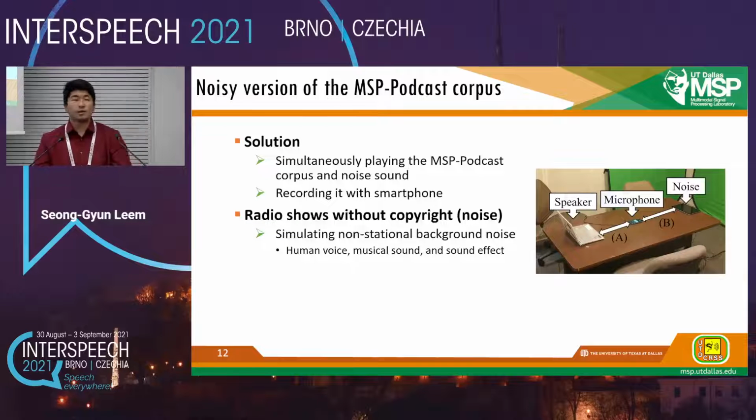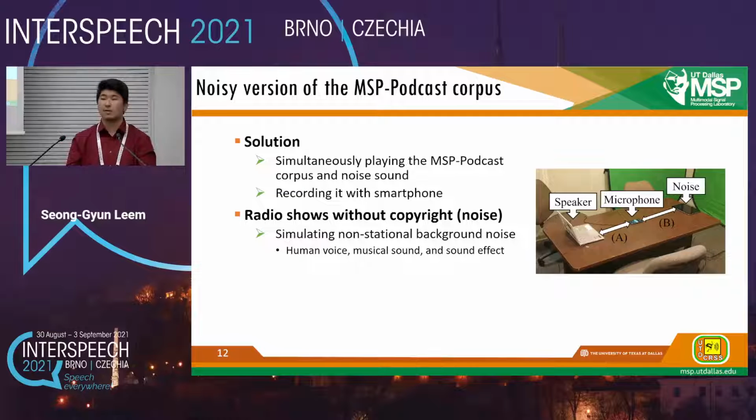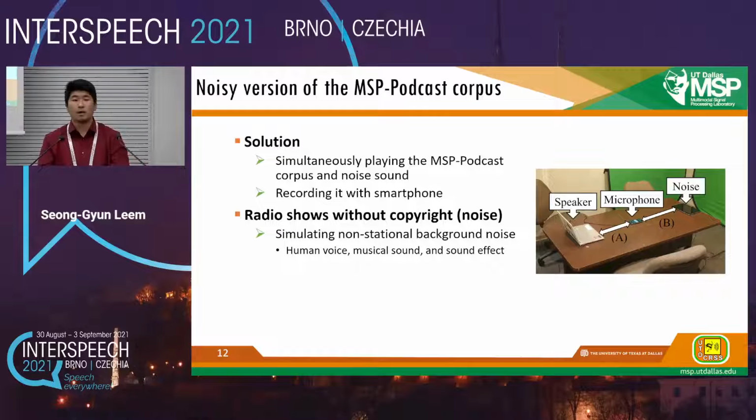For the noise sound, we use non-copyright radio shows collected from jutebradio.com. This sound contains multiple types of human voice, background music, and various types of sound effects. So such multiple types of sound can simulate the non-stationarity of the background noise in a real-life environment.